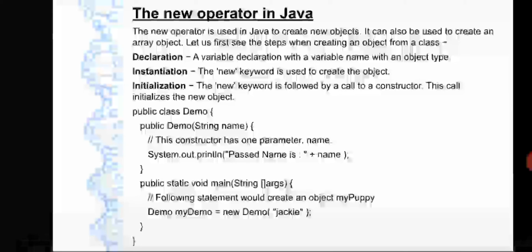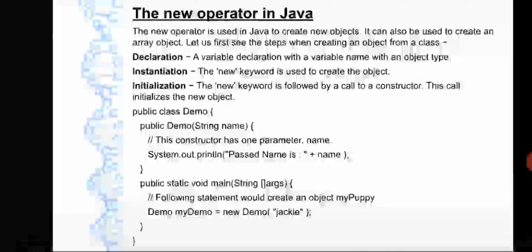Now we will see how to pass the parameter, how to pass the value. You have the main method, public static void main. Inside the main method you are going to create the object called myDemo. The syntax is class name, then the reference variable name, or object name, equal to the new operator.